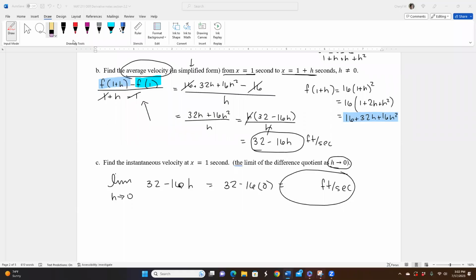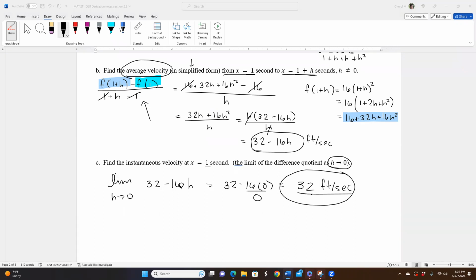Excuse me, 32 plus 0 is 32. I knew that didn't sound right. So what that means is the instantaneous velocity, or the speed that that ball is dropping, 1 second after it's let go is 32 feet per second.